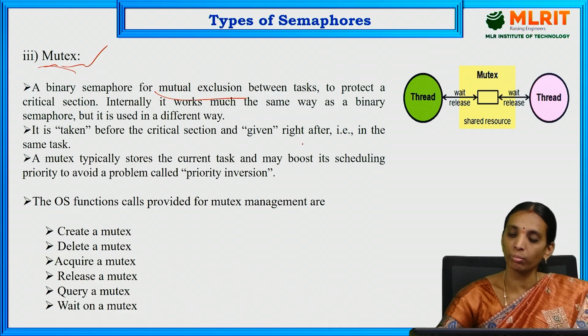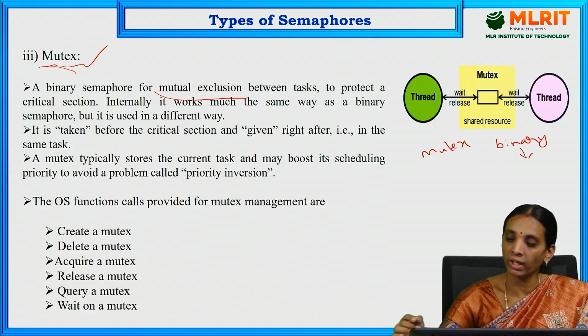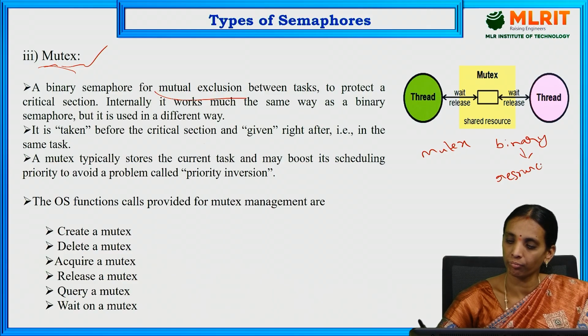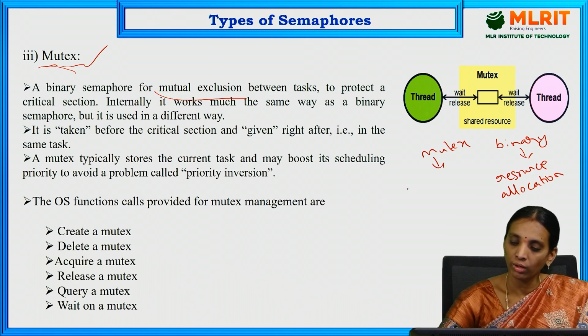The difference between the mutex and the binary semaphore is that the binary semaphore changes its value depending on the resource allocation, but the mutex changes its value depending on the critical section.